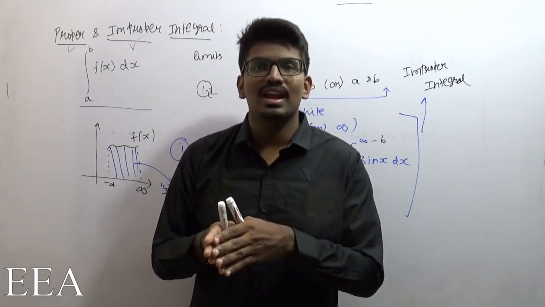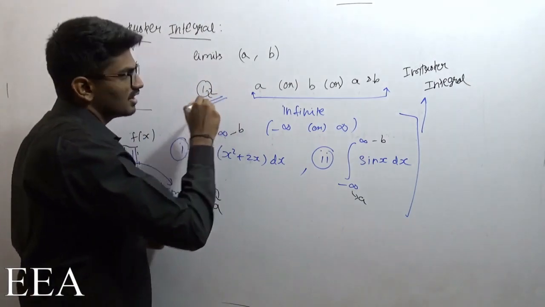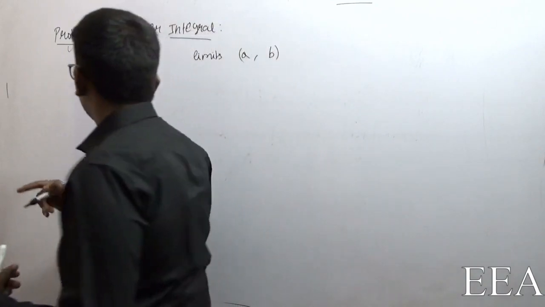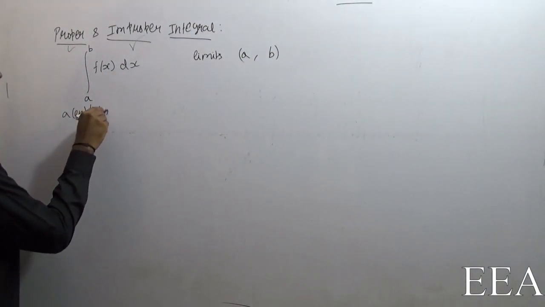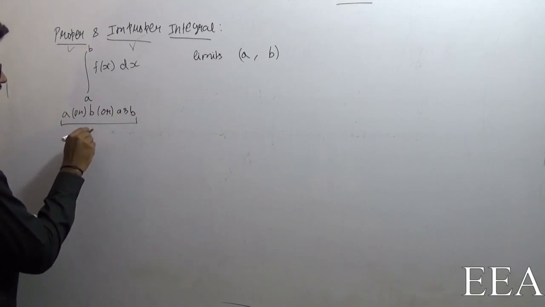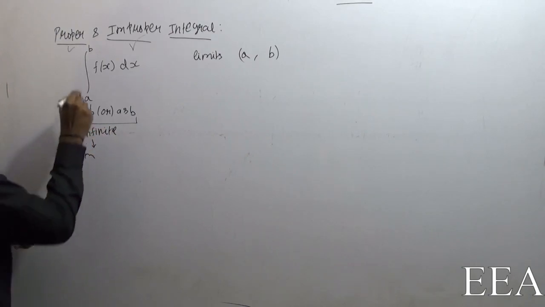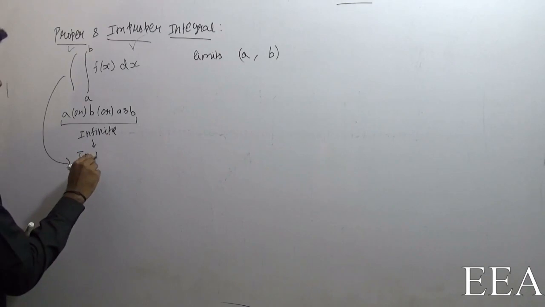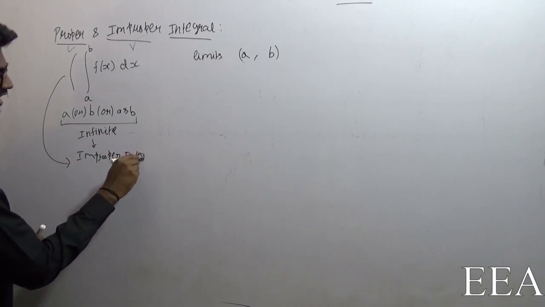This is the first condition for defining an improper integral. In the first case I said either a or b or both, if the value becomes infinite, then I will call this integral an improper integral.